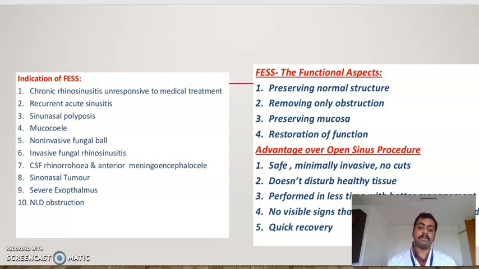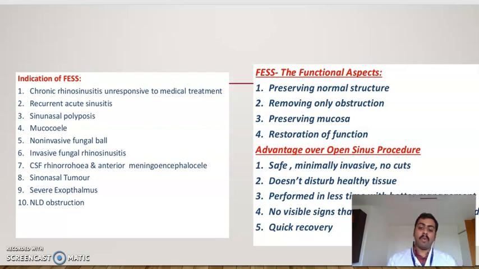The functional aspects of FESS are preserving the normal structure, removing only the obstruction, preserving the mucosa, and restoration of the function. This shows that functional endoscopic sinus surgery is a conservative approach.